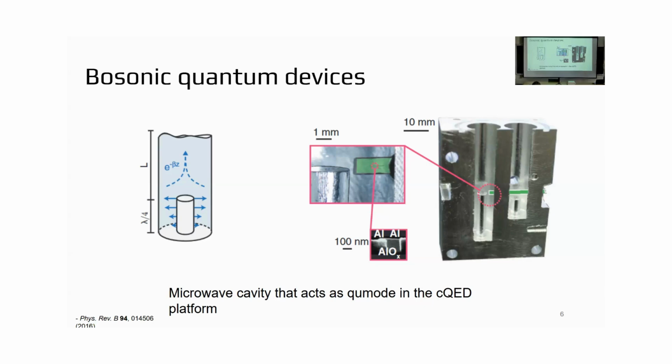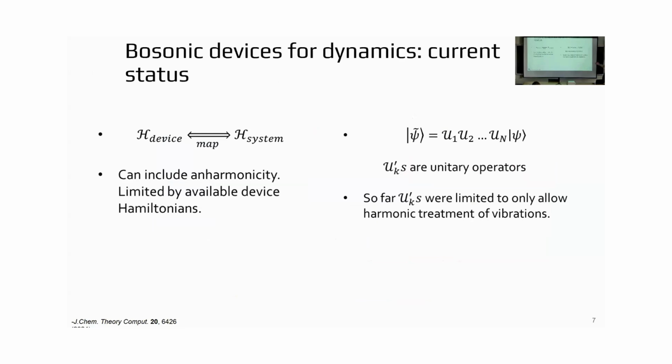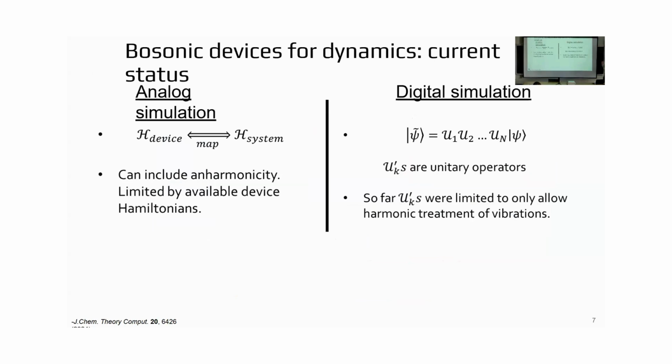The natural next question is, what has been done already? Have people tried to solve vibrational problems in bosonic devices? Sorry about the animations being messed up, but you can take one of two approaches. One is an analog simulation, where you have a bosonic device at hand, and you map the Hamiltonian of the device to a system Hamiltonian.